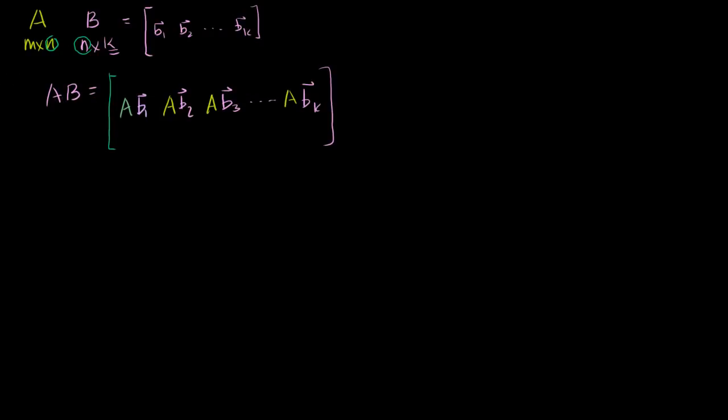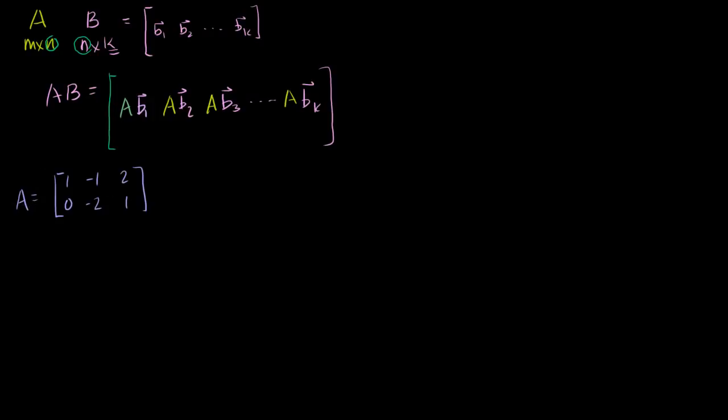So let's say that I have the matrix A. Let's say that A is equal to the matrix 1, minus 1, 2, 0, minus 2, and 1. I keep the numbers low to keep our arithmetic fairly straightforward.